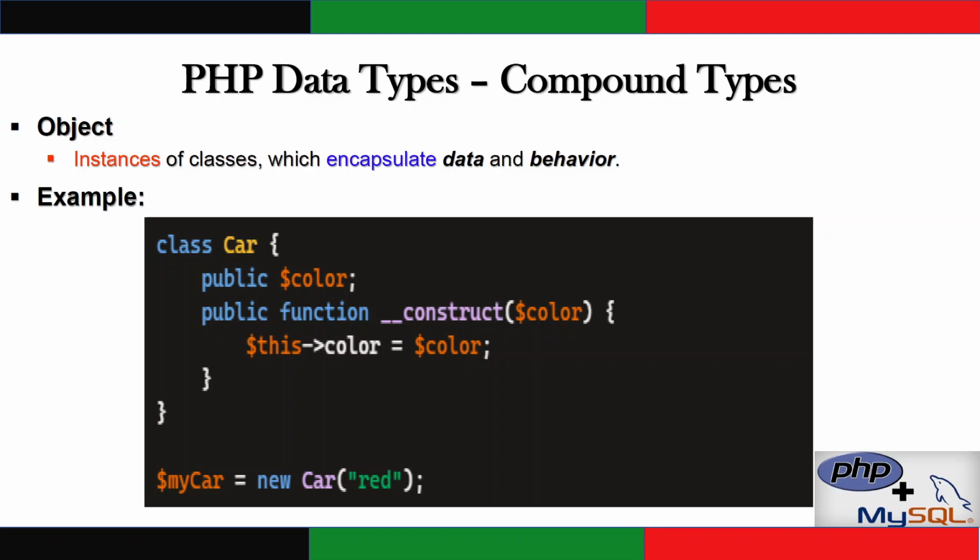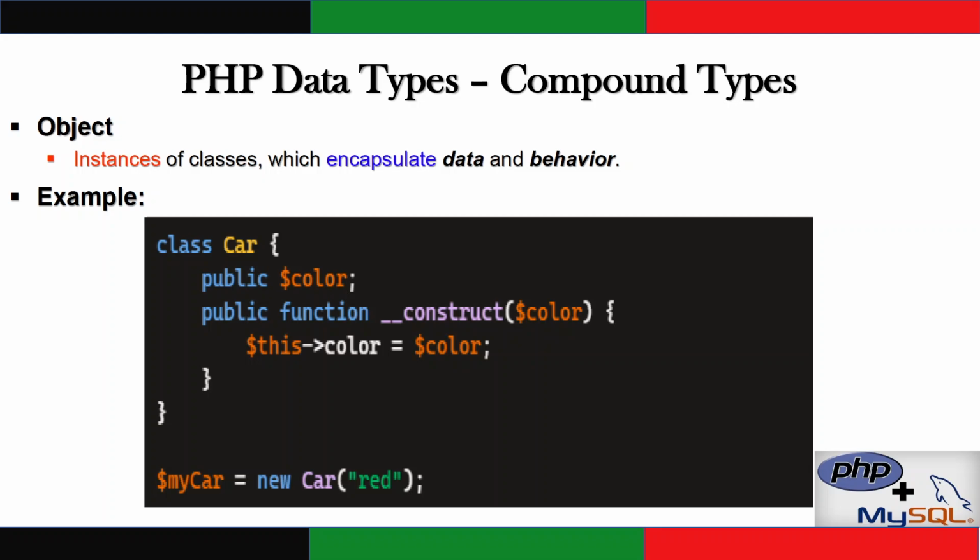Objects, again, this is object-oriented programming in PHP. So we said objects are basically instances of our classes, and they contain data and then behavior, or what we call methods. So to use an object, you first need to create your class. And to create a class in PHP, that's how we do it.